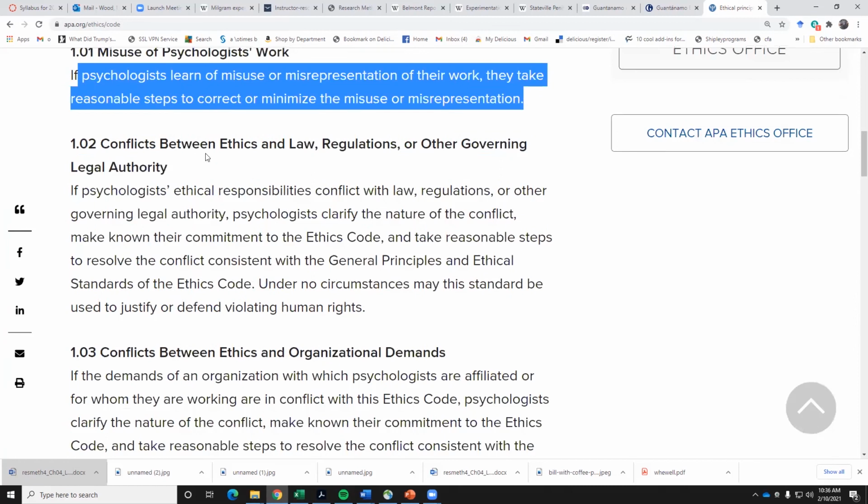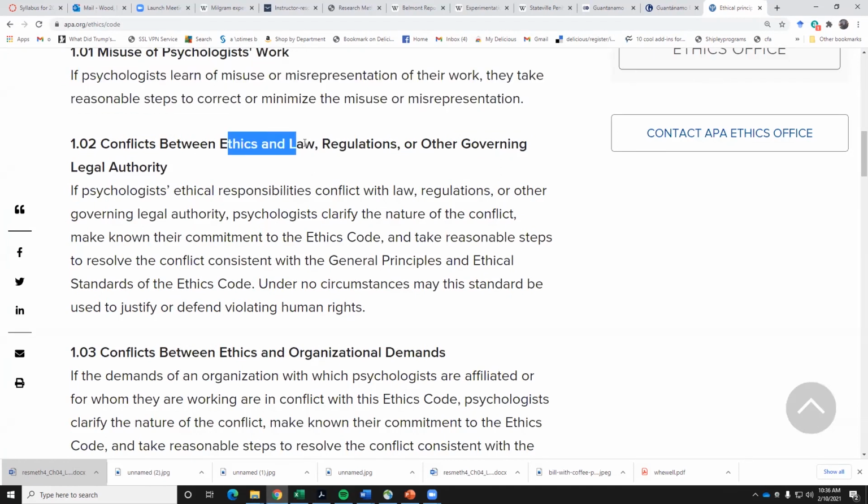There's lots of conflicts between ethics and law, regulations, and other governing legal authority. So some examples here are when you are working, say, with college populations, what are the ethical issues involved in the types of data you collect?